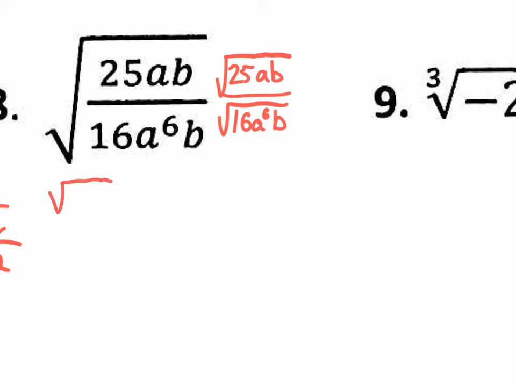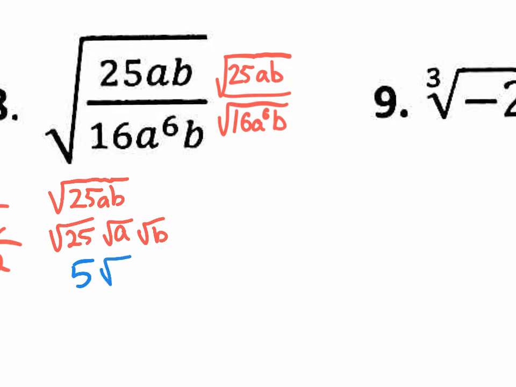When I do the square root of 25ab, I'm going to split the root. So I put the square root of 25, the square root of a, and the square root of b, and then I do whatever I can. The square root of 25 is 5, and the square root of a, you can't do anything with it, bring it down, and the square root of b, you can't do anything, bring it down.